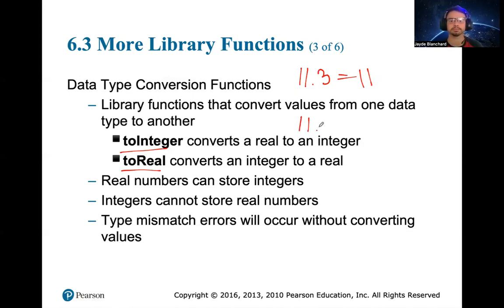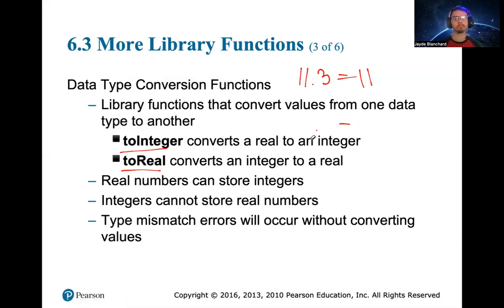But at the same time, if you have 11.9, even though in our heads it should be 12, some languages will still convert it to 11, because it doesn't round. You just need to know how the conversion is done when you're working with those languages. But again, you will get it through trial and error, basically.